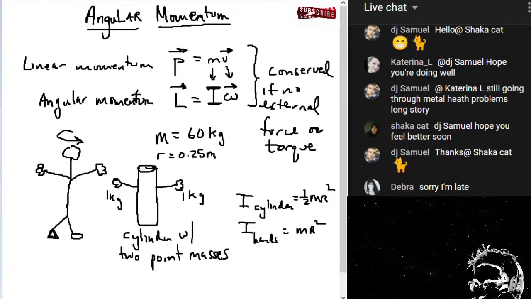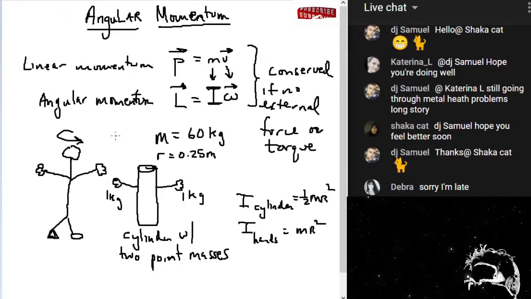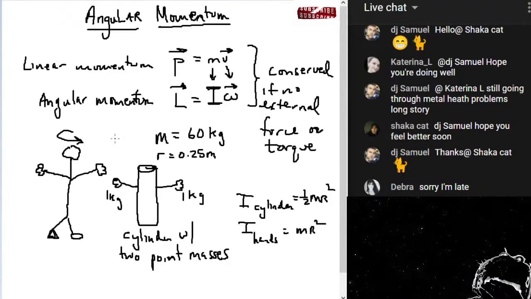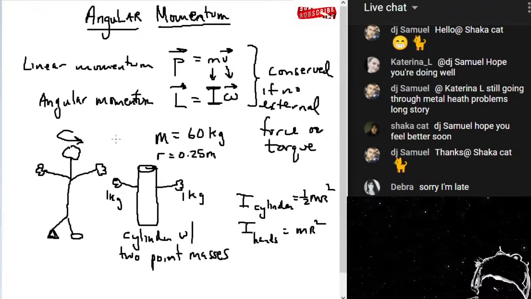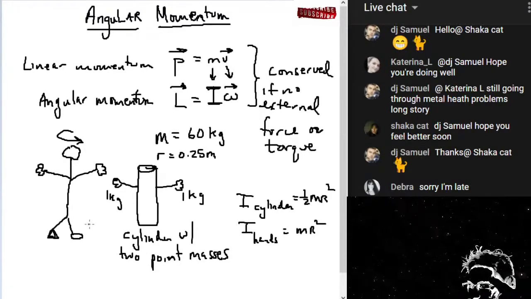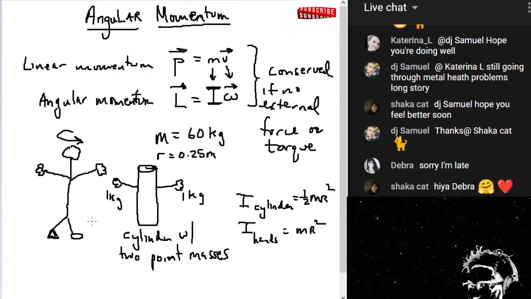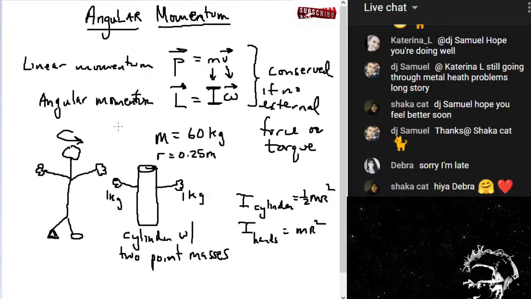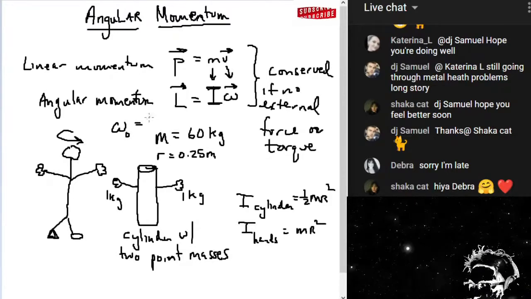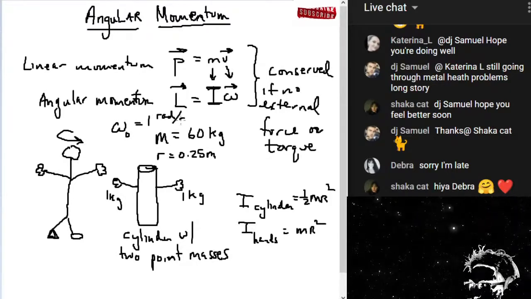So we can figure out how much they're spinning at. 2 pi radians is one circle, so it's about 6.28. So let's say they're spinning at 1 radian per second. So omega initial is 1 radian per second.